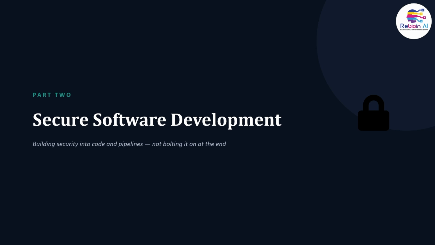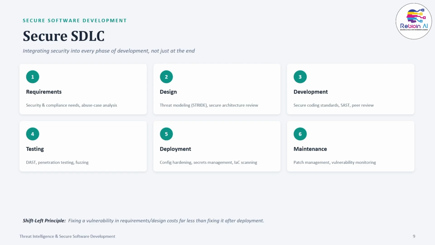Let's start with Secure SDLC, which stands for Secure Software Development Lifecycle. Here's a simple analogy. Imagine building a house. If you only think about security afterward, when the house is fully built, like adding a lock to the front door at the very end, you might discover it's too late to fix bigger problems, like the fact that the ground floor windows are all at eye level and easy to break.